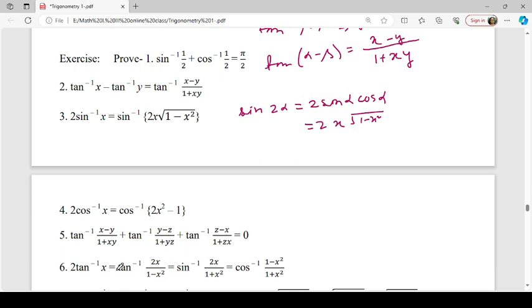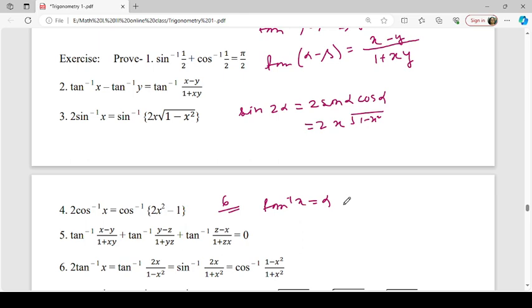Then 2 tan inverse x. We write tan inverse x is equal to alpha, this is number 6, so x is equal to tan alpha.